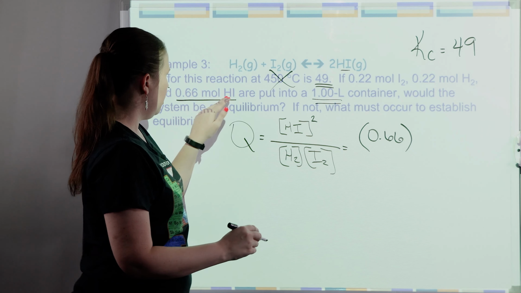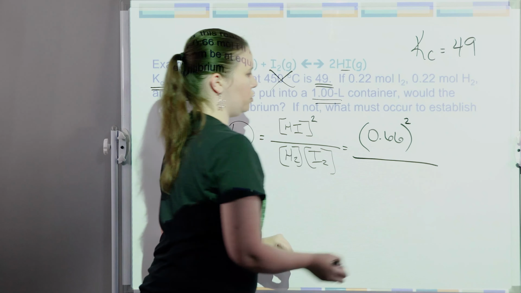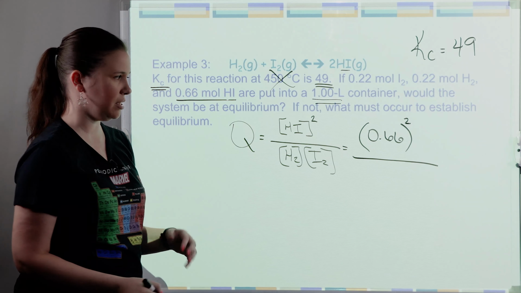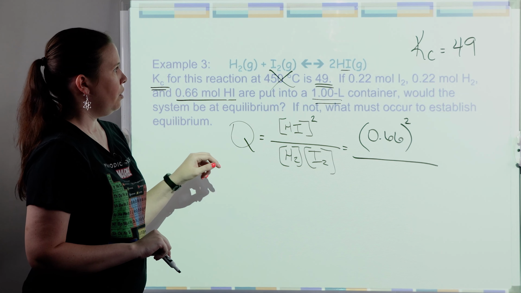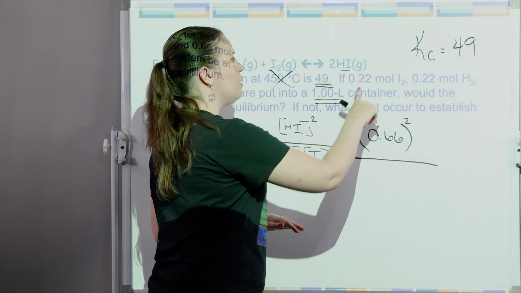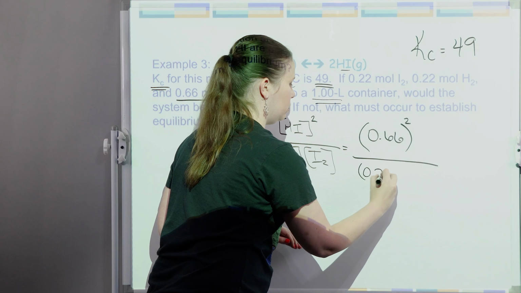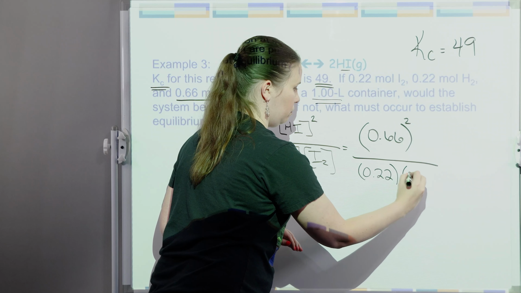So that's my HI. Notice how that was squared. You want to make sure that you don't forget the square. It's probably the most common mistake I see with this. Then we have our concentrations of hydrogen and iodine here, and they happen to be equal to each other. So we need them twice, 0.22 times 0.22.